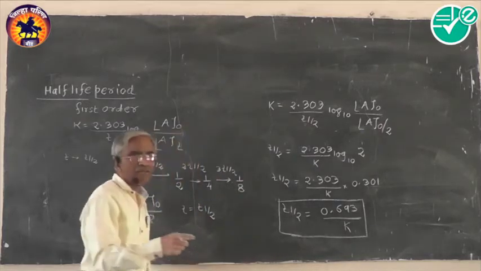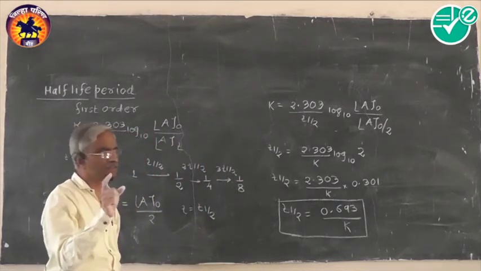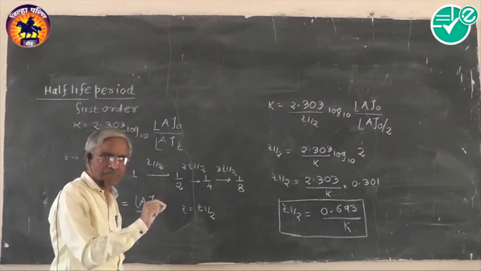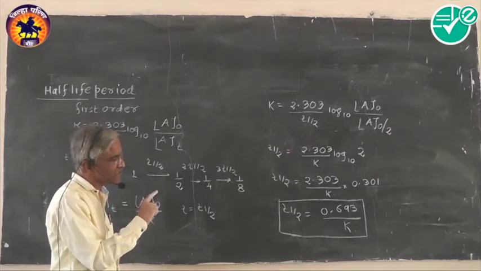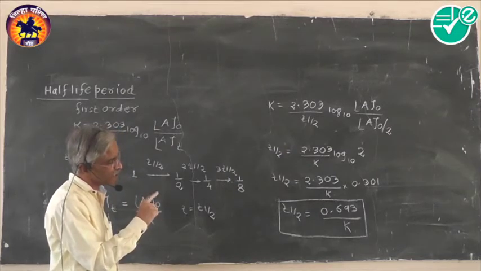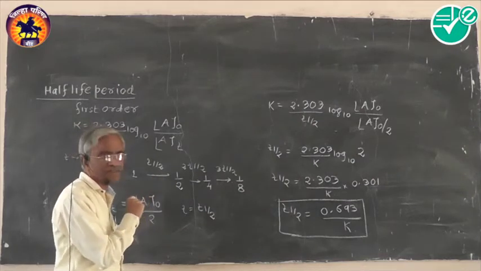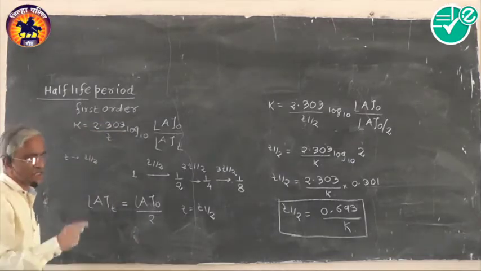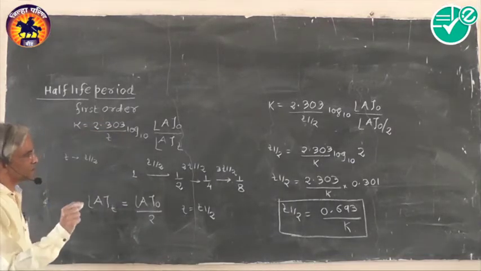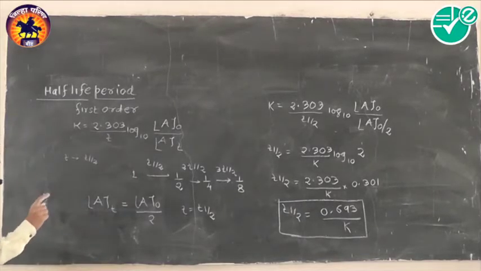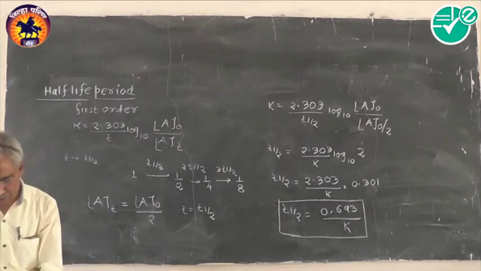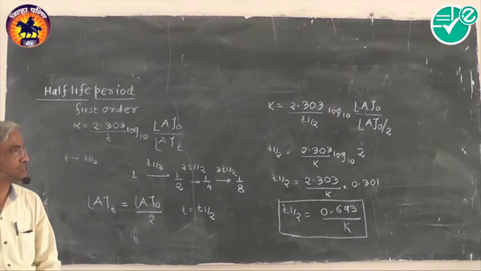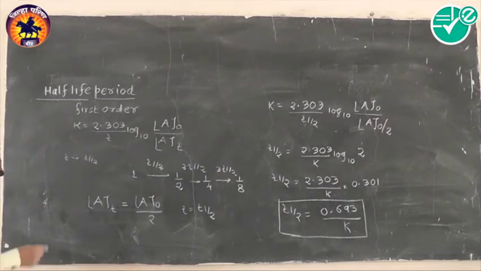So if we get a half-life time for a certain reaction which has been experimentally performed, by this equation 0.693 upon k, and if we find that the half-life time is independent of concentration, we can confirm that the reaction is a first order reaction.